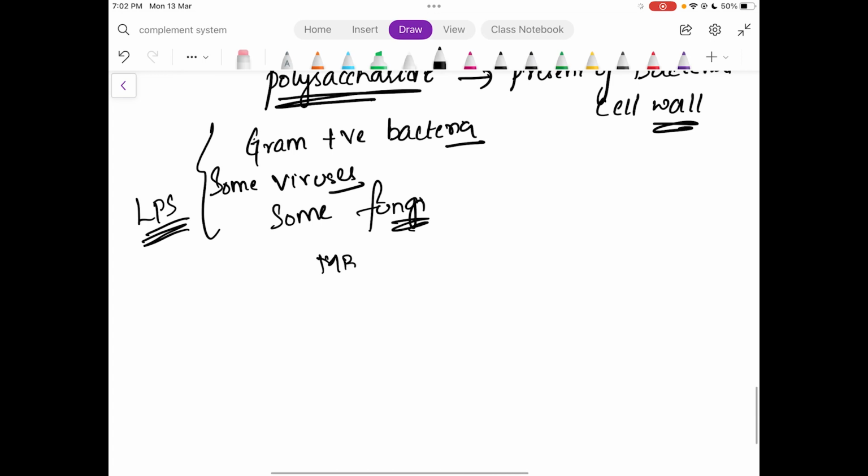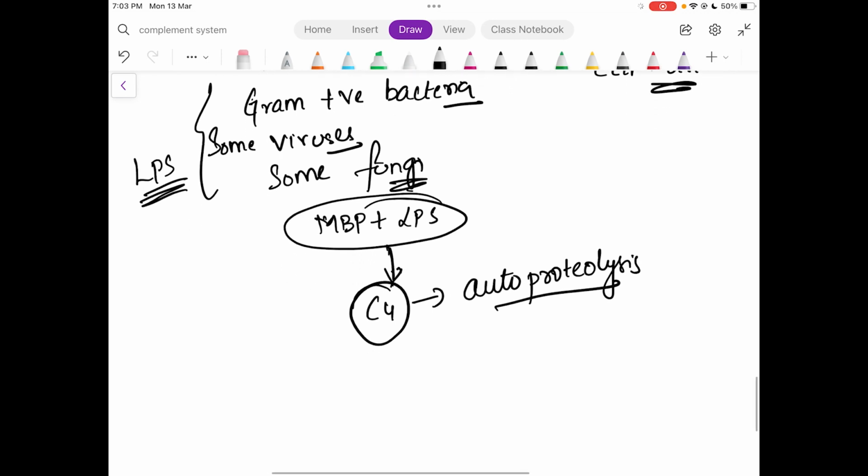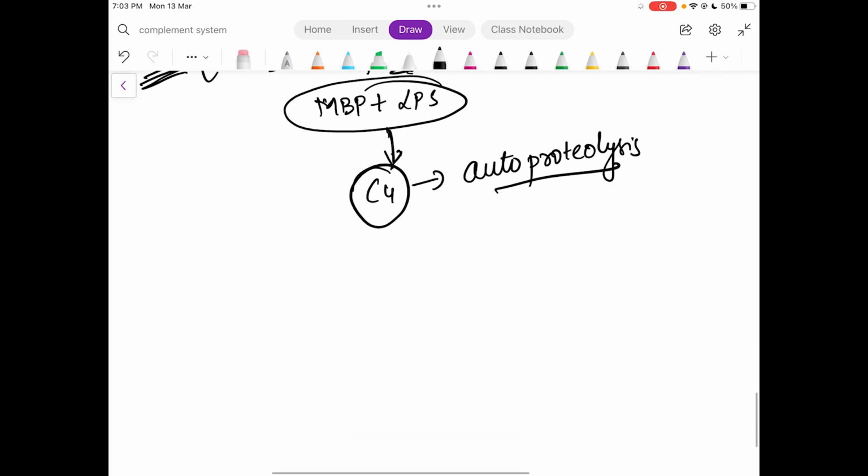This MBP plus LPS forms a complex and causes activation of C4. This C4 undergoes autoproteolysis, which will cause splitting of C4 into C4A and C4B.